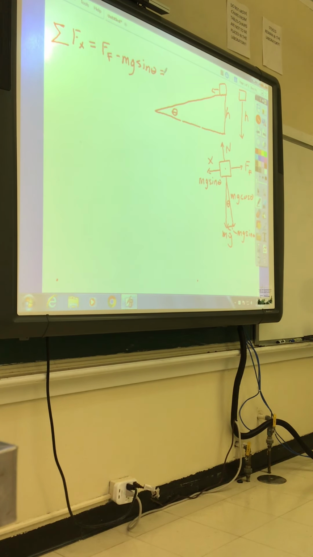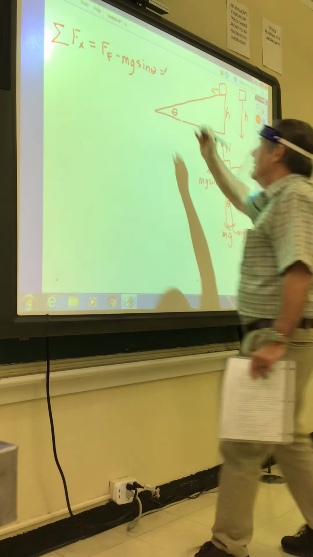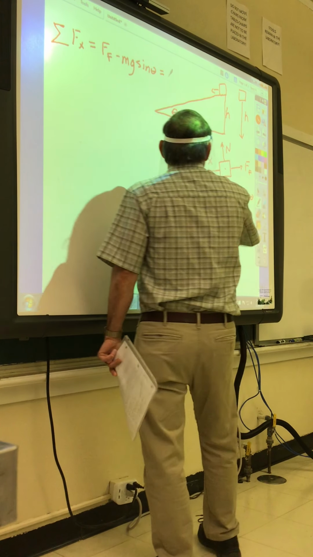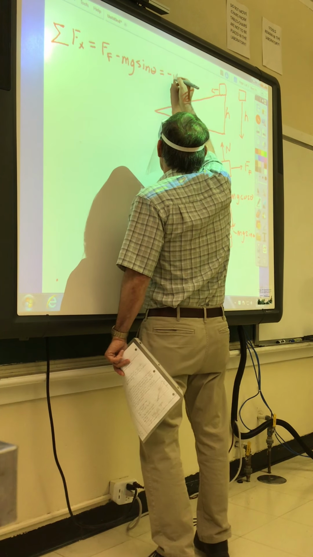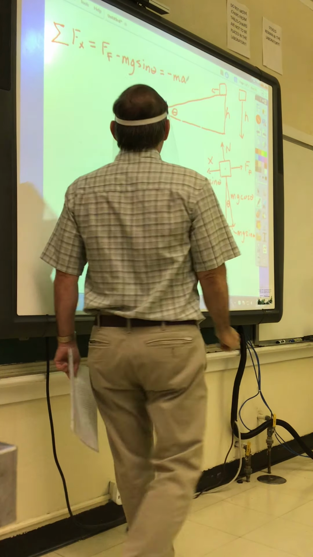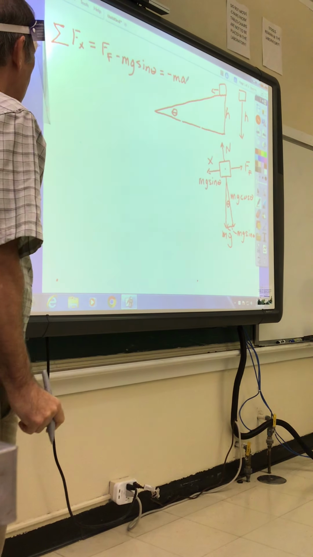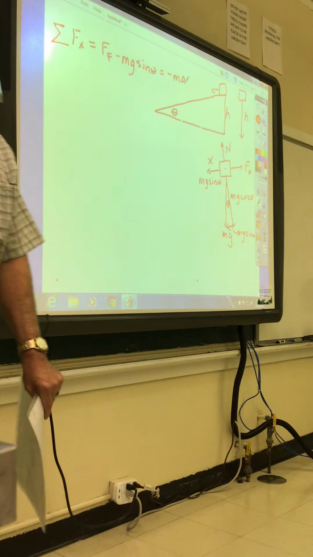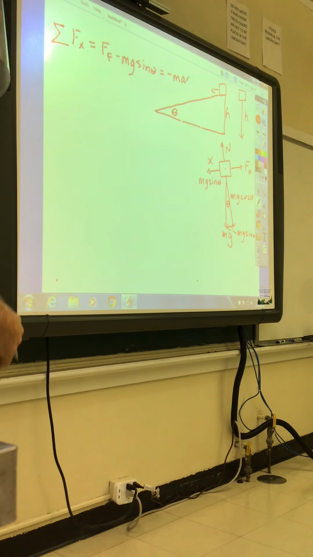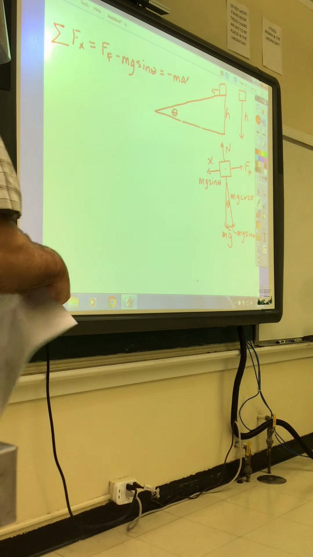Second law. So in second law, this summation is equal to what? First law is equal to 0. It's equal to 0 means things not moving. It is moving, so it's equal to ma. Very good. And because it's going in the negative direction, it's actually minus. So that's basically our Newton's second law equation for this particular scenario.